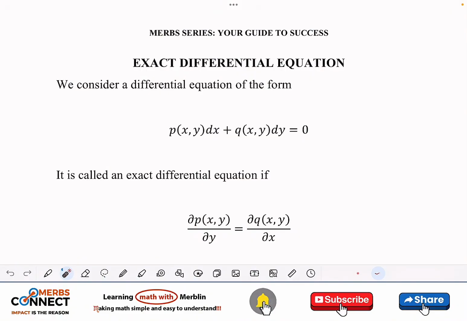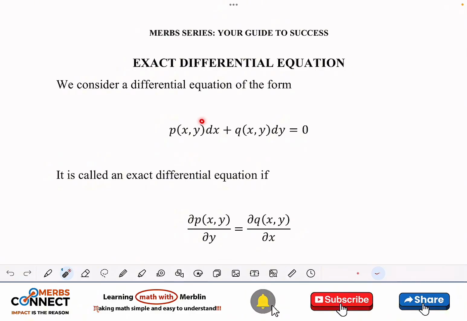So what is an exact differential equation? As we are learning, we see that every method that we talk about has its special form. We talked about the linear differential equation, we looked at the form. Separable, you see how the form is. And then homogeneous too, we looked at how the differential equation is supposed to be.